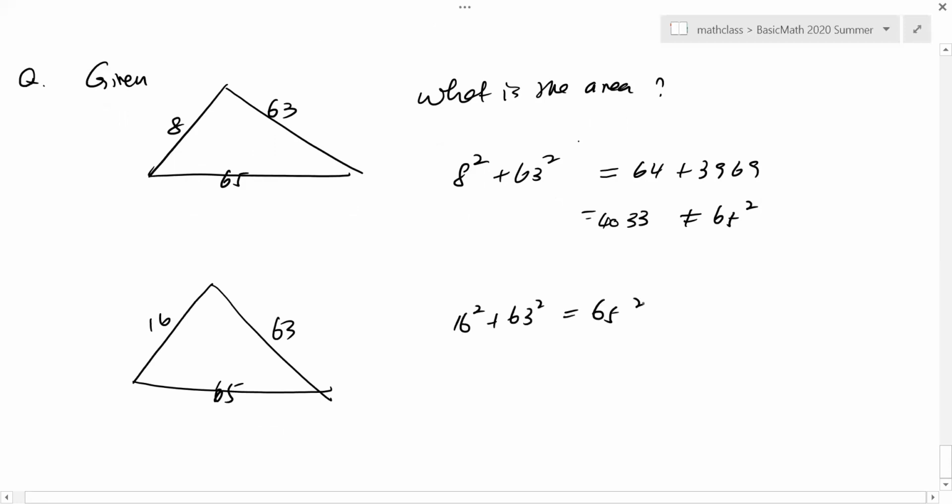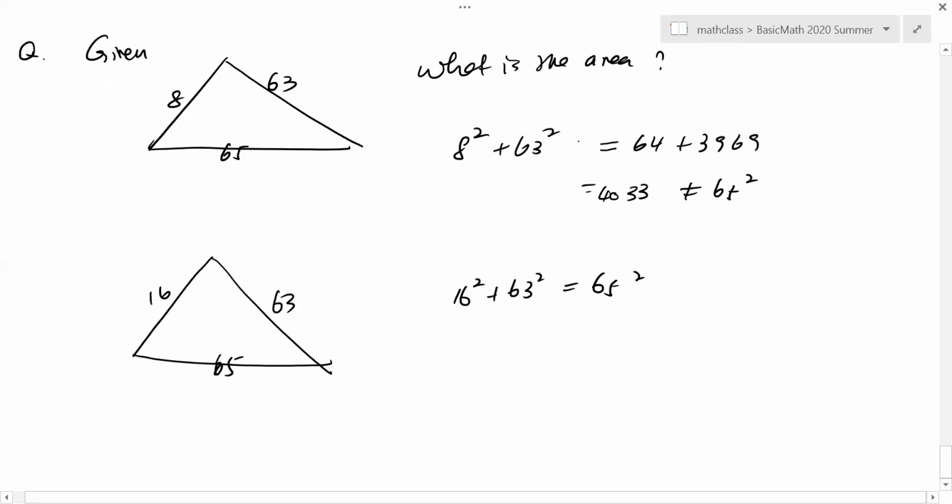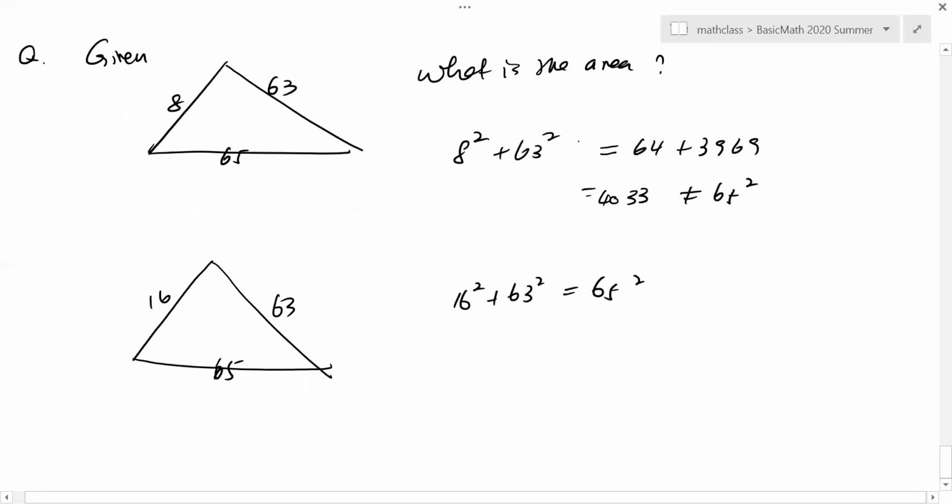That's great. Now in that case, it is easy to find the area. Let's double check 16 squared.